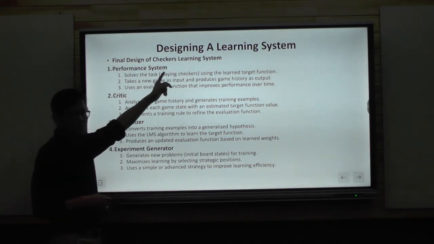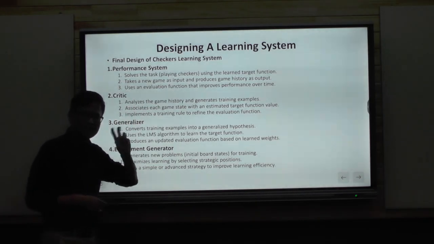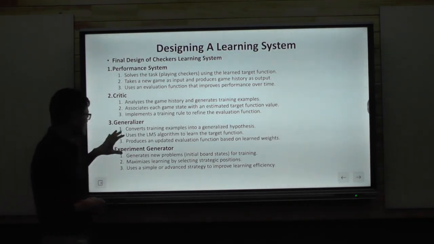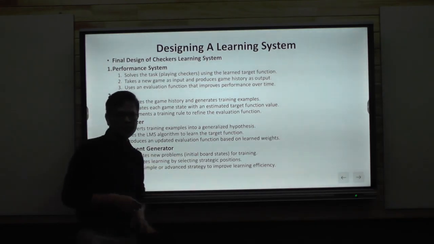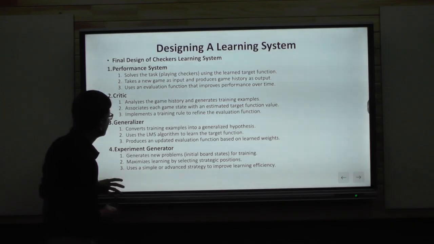First is the performance system, second is the critic, which analyzes certain parts and comments, then the generalizer, and then the experiment generator. Now we will take each one by one and see what it means.